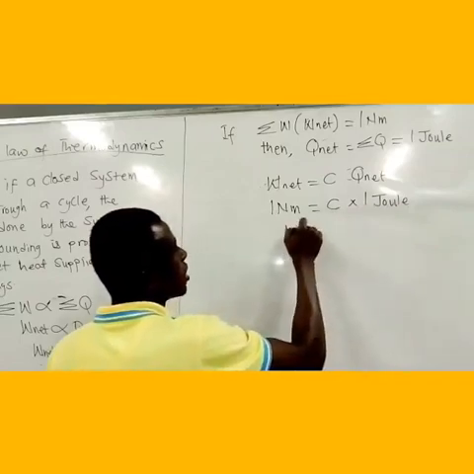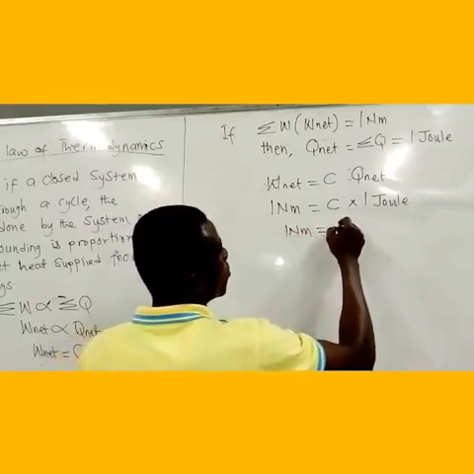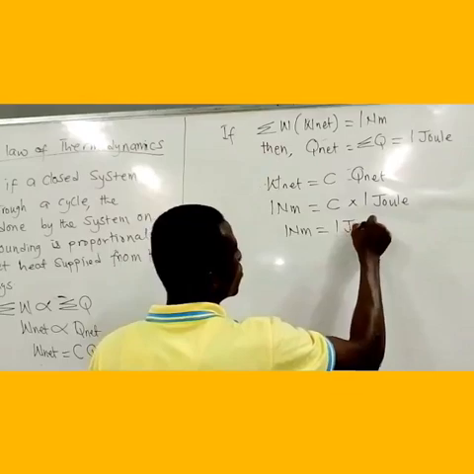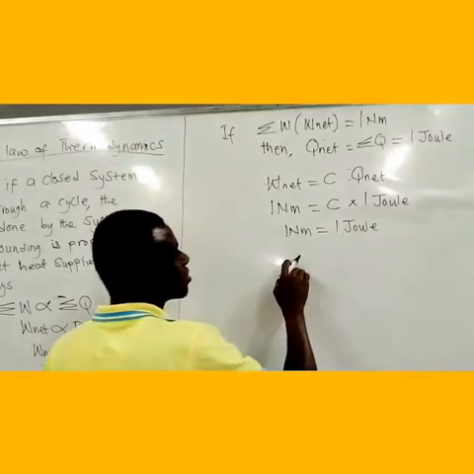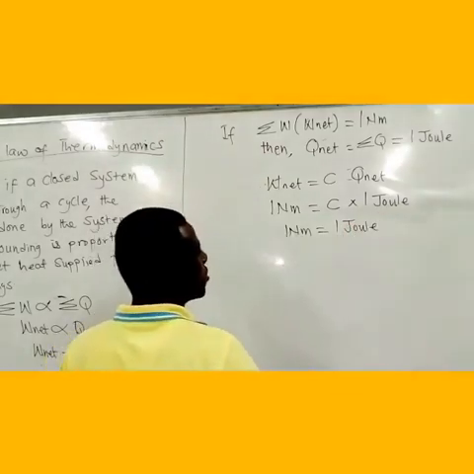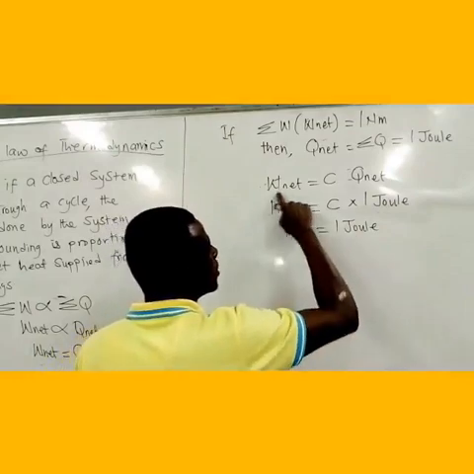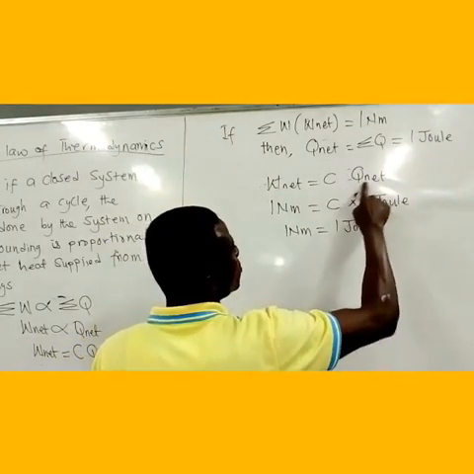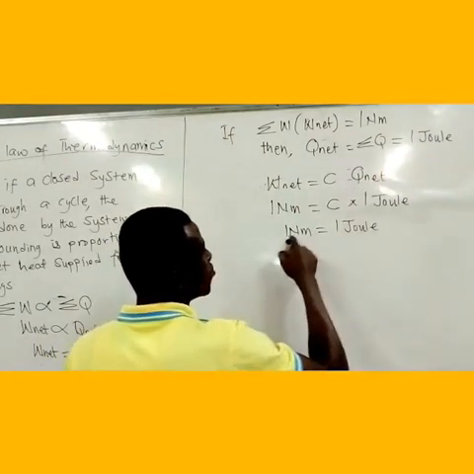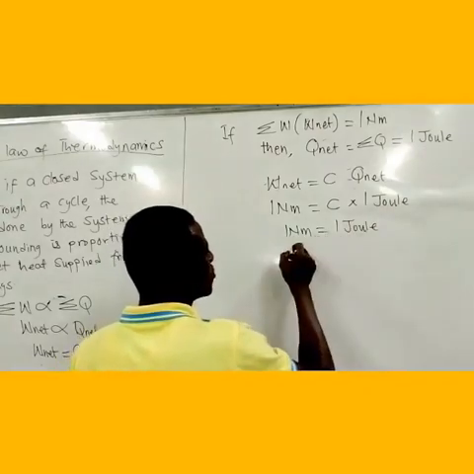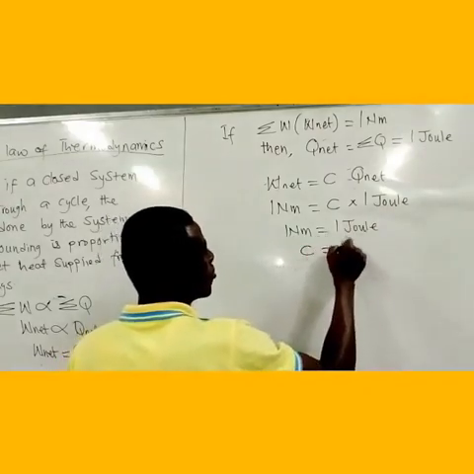So 1 Newton meter equal to 1 joule. So the constant is going to be 1. Since this is directly proportional to this, it means that 1 Newton meter equal to 1 joule. Therefore, C is going to be 1.